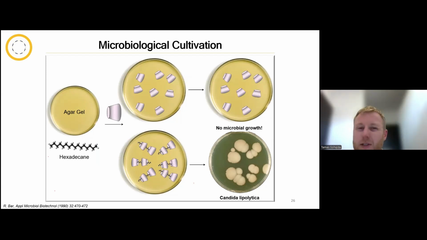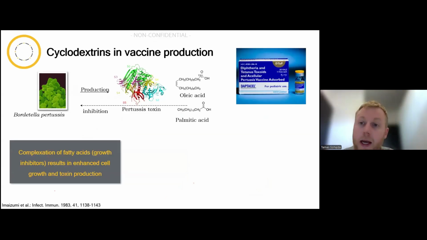Rarely, but cyclodextrins can also be used as feed for bacteria. But what's more important is that they can deliver some critical nutrients like vitamins, oils, fatty acids, whatever, to some sensitive bacteria, which can then facilitate the growth. And this is something that can be observed both in cell cultures as well as tissues.